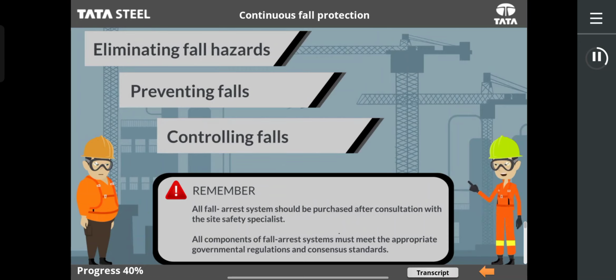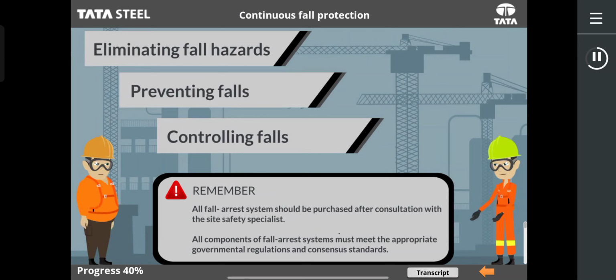If fall hazards cannot be entirely eliminated or prevented, then potential falls must be controlled by using a fall arrest system. I understand. Of course, all fall arrest systems should be purchased after consultation with the site safety specialist, isn't it? Yes.